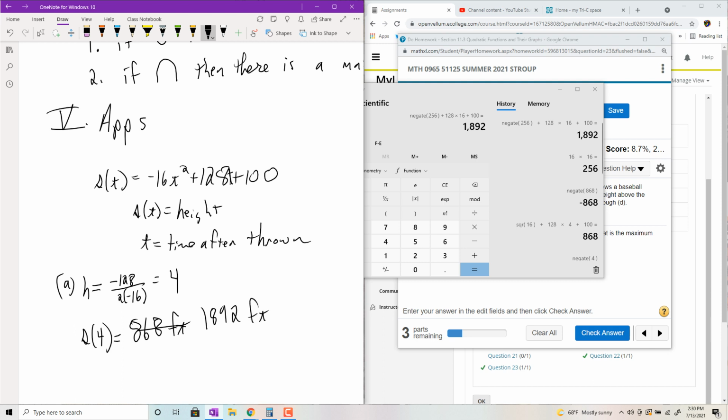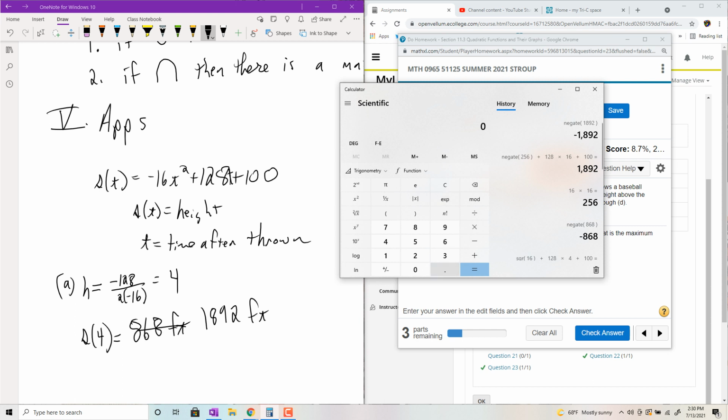Seems like it should be worse. Let me try it again. I'm going to have to get my calculator out because I'm so bad at this calculator. Anyways, so I'm putting in 4, right? So that'd be 16. So 16 times 16 is 256.